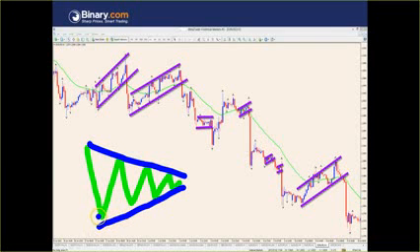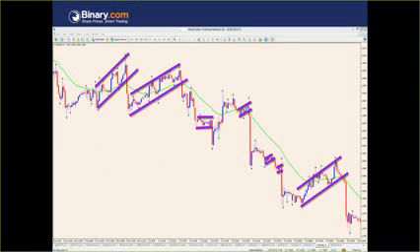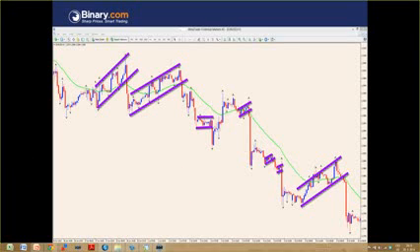And that would be the breakout. That's when price is deciding to go through this pattern and invalidate it and break it. And the pattern would not be valid anymore. Until that point, the pattern is valid, and price could be bouncing off these support resistances for quite a while. All right, so that is a triangle.